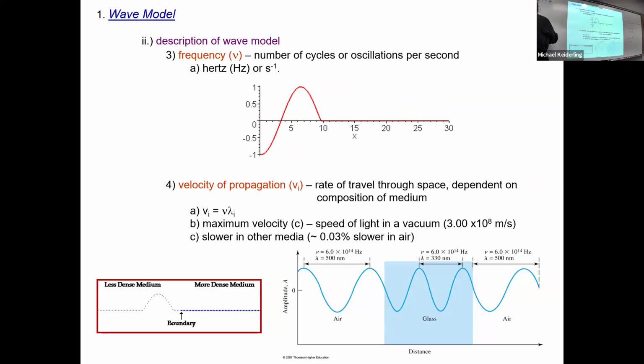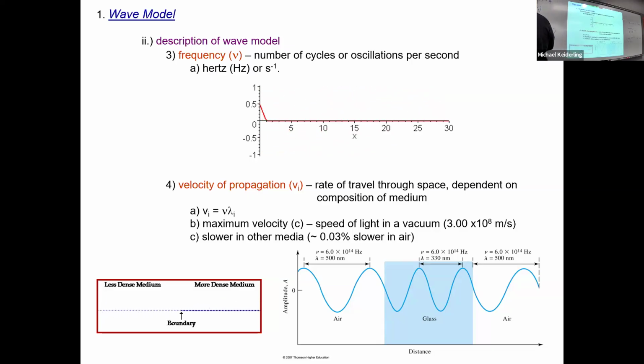So frequency over speed of light is 1 over wavelength, which is the wave number.